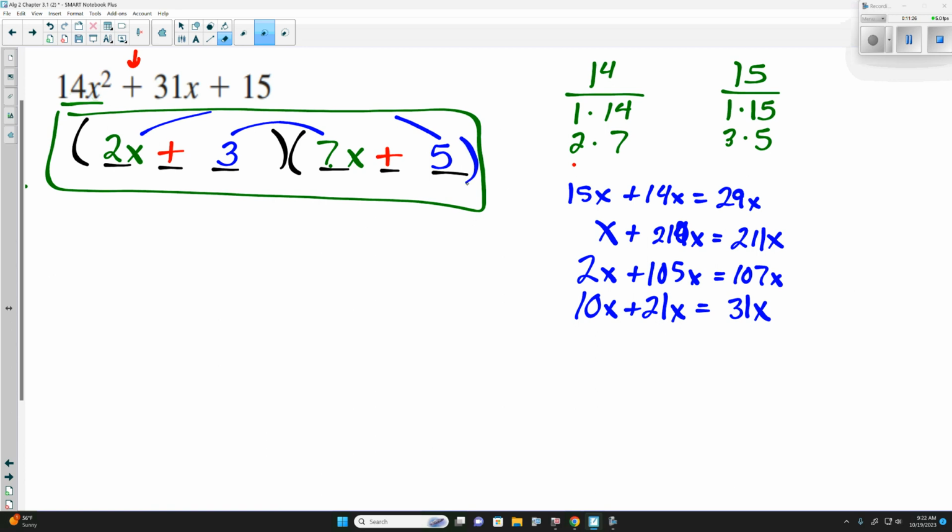There we go. So that one there took us a few tries to get there, but we did get there. Questions on this here?